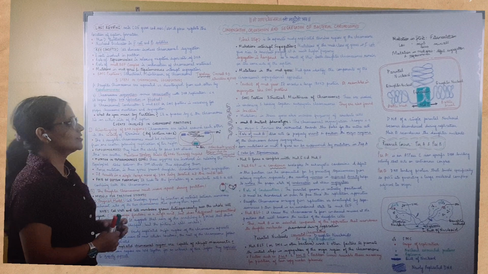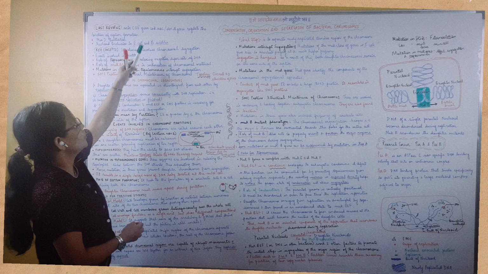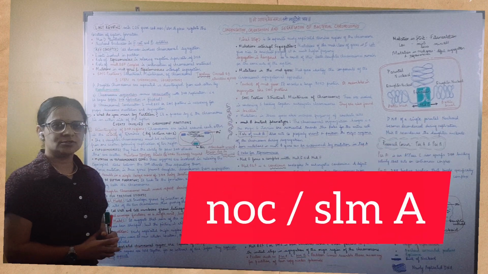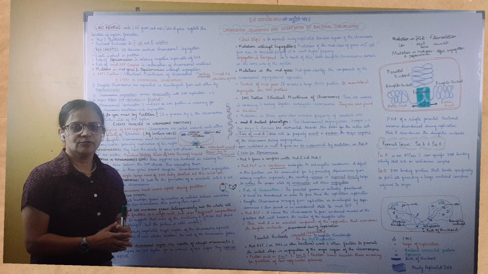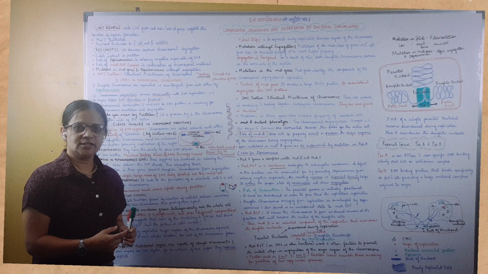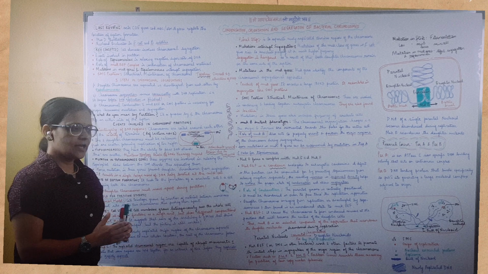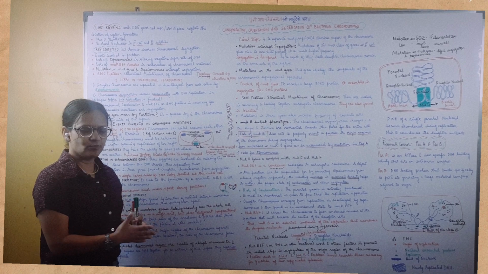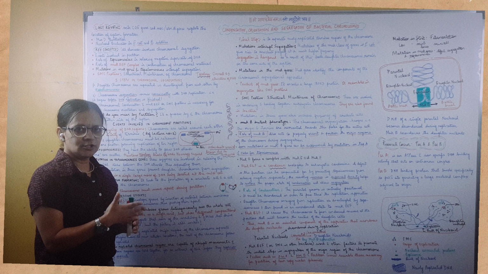septum formation. You also have a couple of genes called Noc and SlmA, which will not allow the septum to form in the region where the chromosome is lying. We know that during DNA replication, the chromosome lies centrally, in the mid cell. Because of that, when the septum formation also takes place in the central position, the septum should not dissect the chromosome.